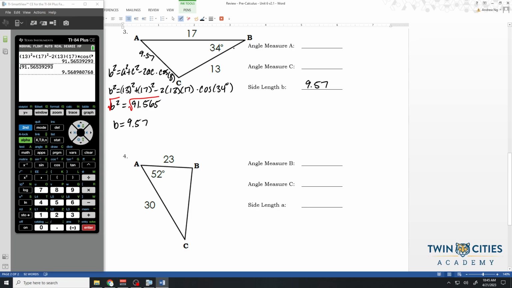All right, now that I've got an angle and then its opposite side length, I can use law of sines to find the rest. So let's do law of sines here for, let's do a's and b's. So the a's would be the sine of, don't know what a is, over 13. This is equal to the sine of b is 34 degrees over, I just found this, 9.57.